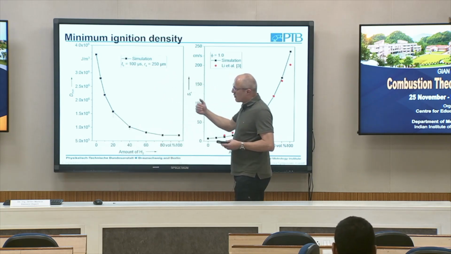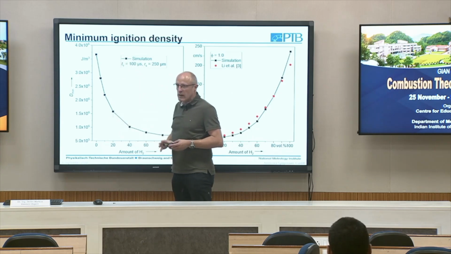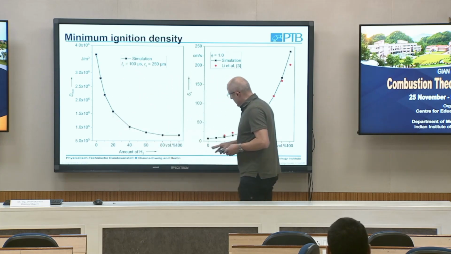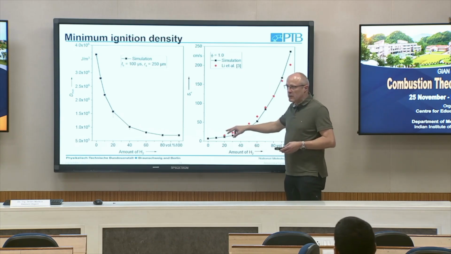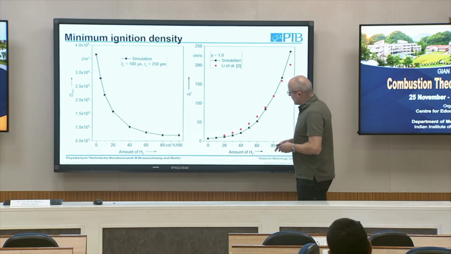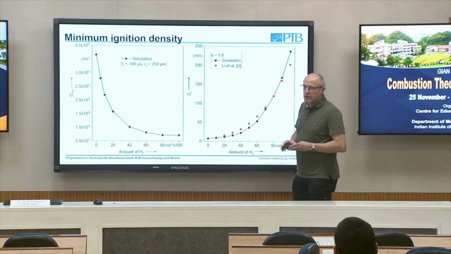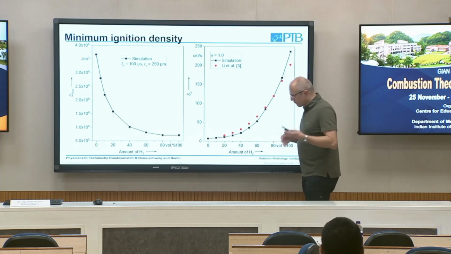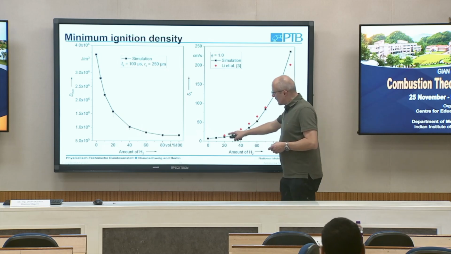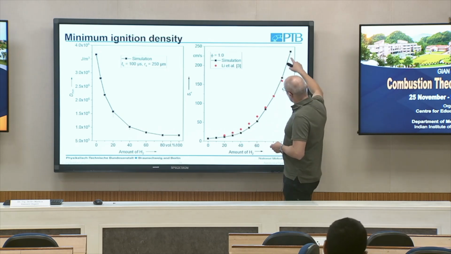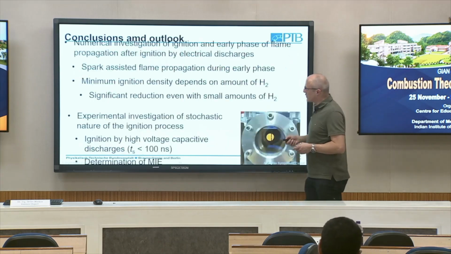So a small amount of hydrogen drastically reduces the ignition energy we need. Unfortunately, the flame velocity does not change so much in this area. So when we talk about applications with maybe 20% of hydrogen, it increases, of course, the combustion process, but to come into the range of hydrogen, we would need much more enrichment of hydrogen.